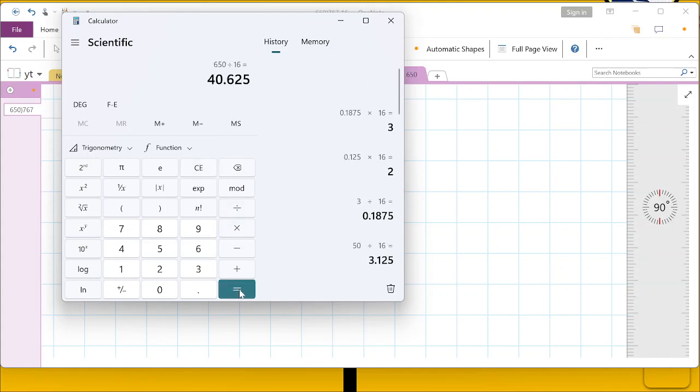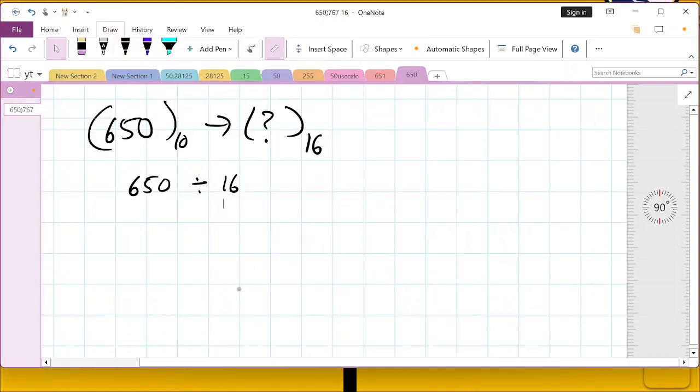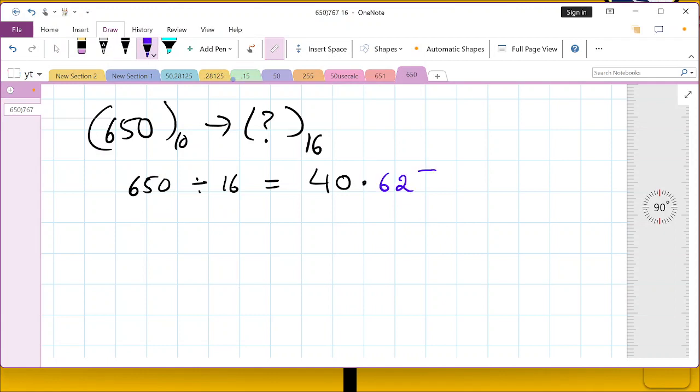And what I'm getting? 40.625. I'm just changing the color to let you know that this is what you get when you say 650 divided by 16, and you get this 40.625. This is the quotient. So this is the whole number part and this is the fractional part.